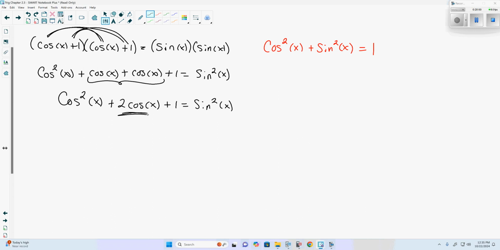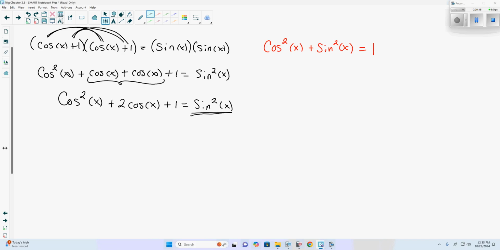Even if we did switch the cosine squared to sine, we still have it in terms of sine and cosine. It's not all the same. So the better option for us is to rewrite sine squared as cosine squared.